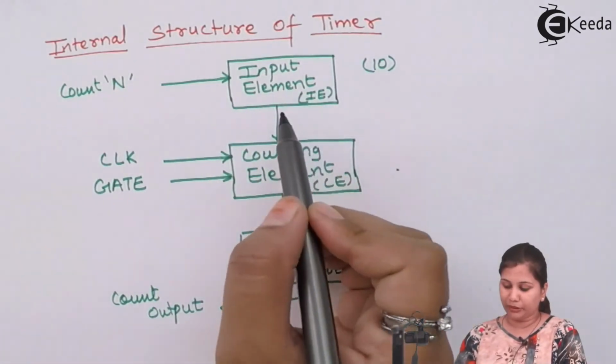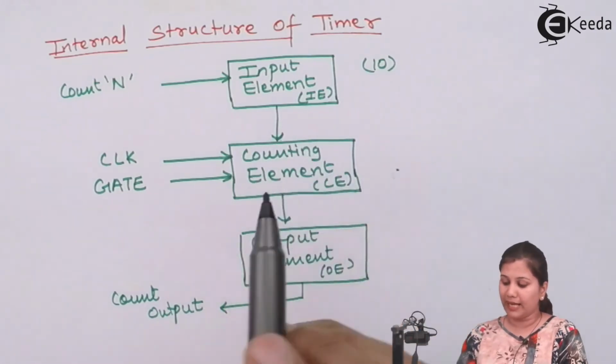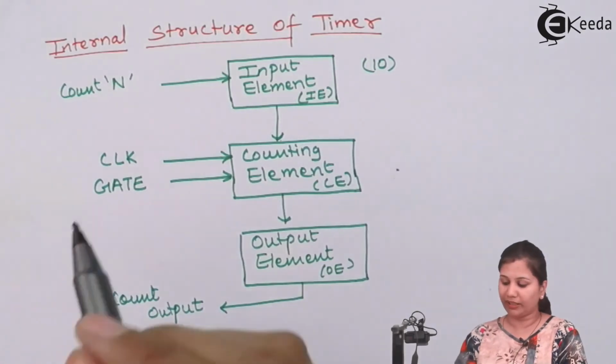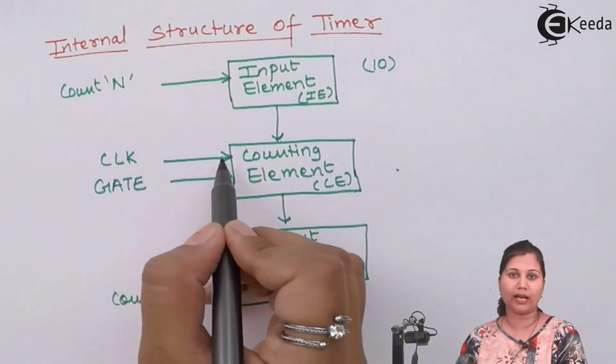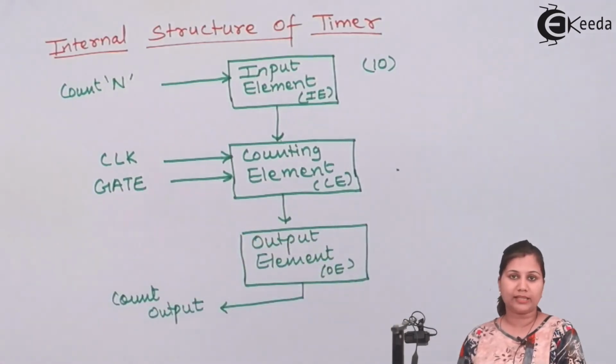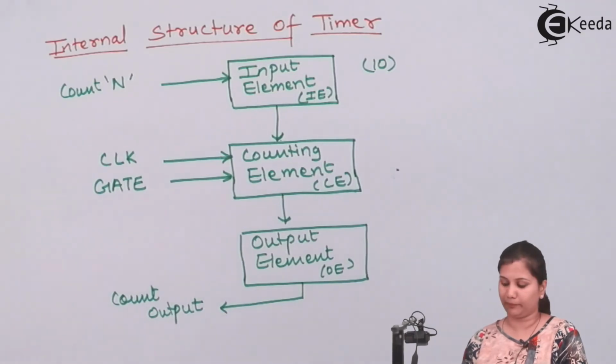Now this input element will provide this count to the counting element, and the counting element will start decrementing the count when it is given the clock and the gate input. As we know, the timers are down counters, so it is going to decrement the count for every high to low transition of the clock input.